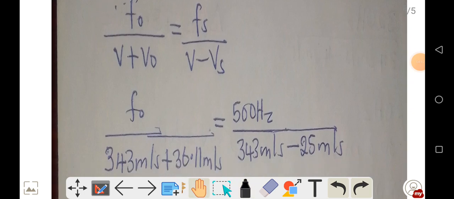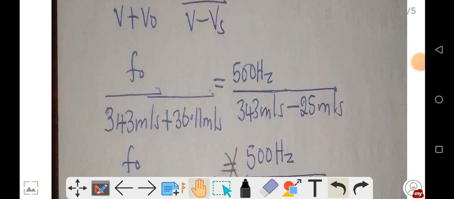So we can substitute the velocity of sound in air, which is 343. In our previous videos, we mentioned that unless specifically stated the speed of sound in air, we will use 343. So in short, if they have not specifically stated the speed of sound in air, then we are supposed to use 343 meters per second.